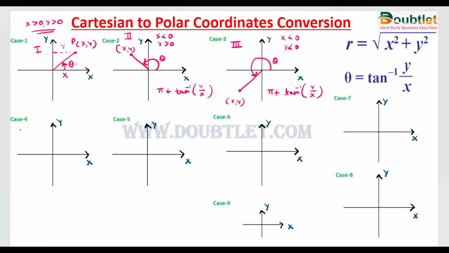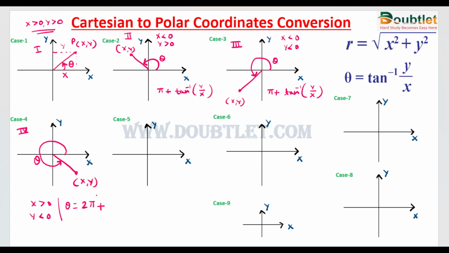Now consider case 4, where the point lies in the fourth quadrant. Its coordinates are x comma y, and in the fourth quadrant x is always greater than 0 and y is less than 0. To find the angle, we have to move anti-clockwise from the positive direction of the x-axis, so this whole is the polar angle. To calculate it, we subtract from 2 pi.